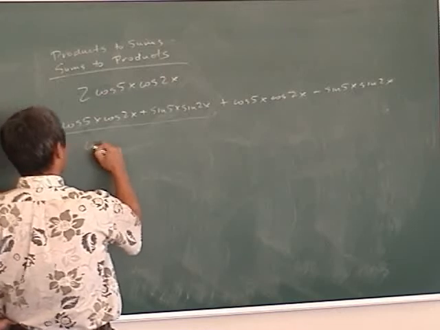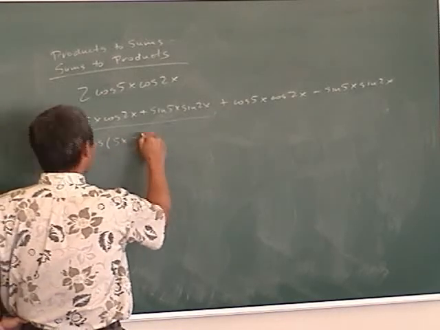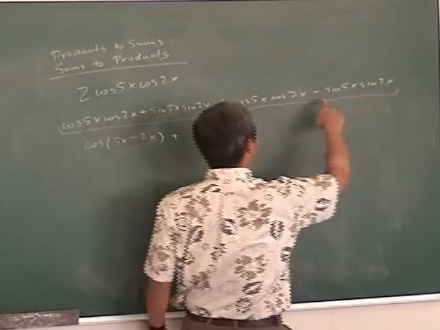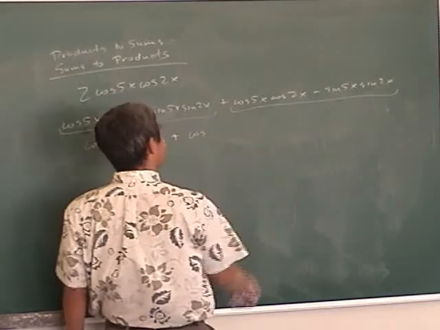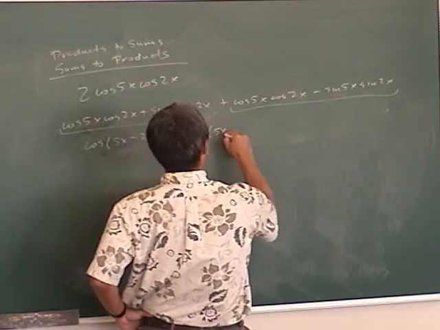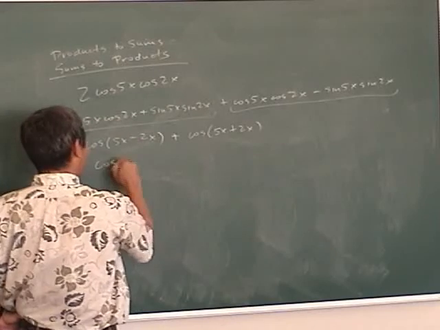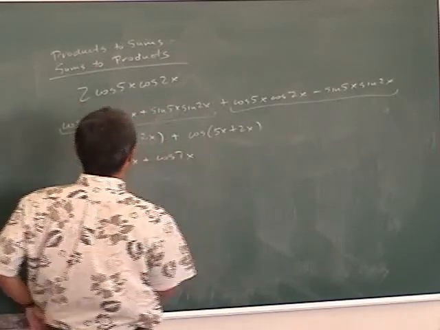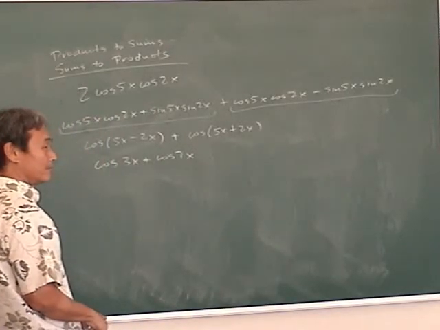That's the identity for cosine of 5x minus 2x. And then if you look at the 3rd and 4th terms, that's the identity for cosine of 5x plus 2x. So now you just simplify. 5x minus 2x is 3x, and 5x plus 2x is 7x. And boom, there, we changed the product into a sum.